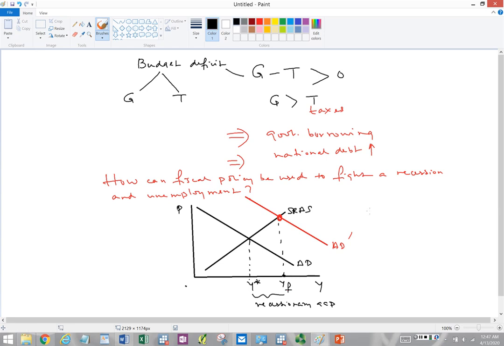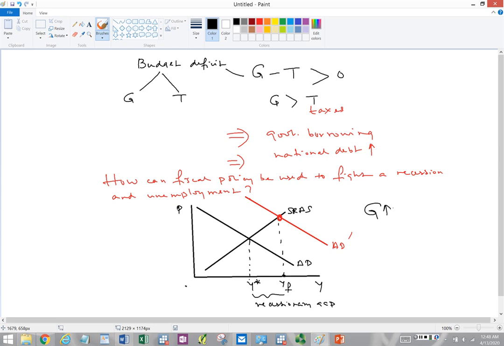Well, government spending would need to go up, correct? Because, as I said, government spending is a part of AD. So when government spending goes up, AD automatically increases, the AD curve shifts to the right. But we've learned that this is also going to be a multiplied effect. The expenditure multiplier is going to kick in. The increase in government spending is also going to cause an increase in consumption spending, right?